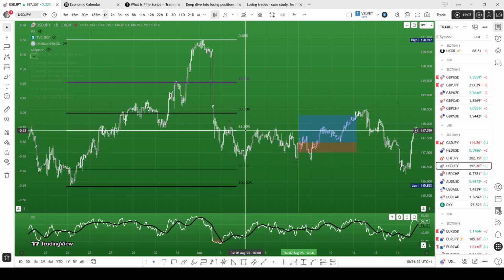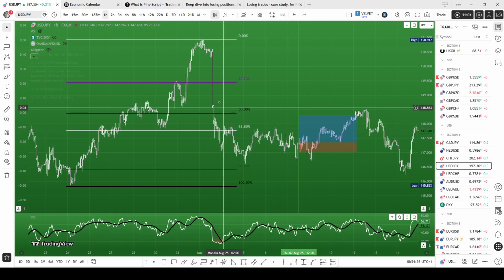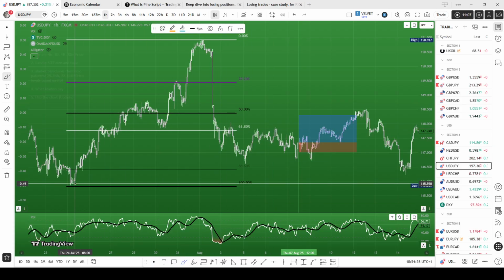It was more reasonable actually to short it from that area because of this fib.